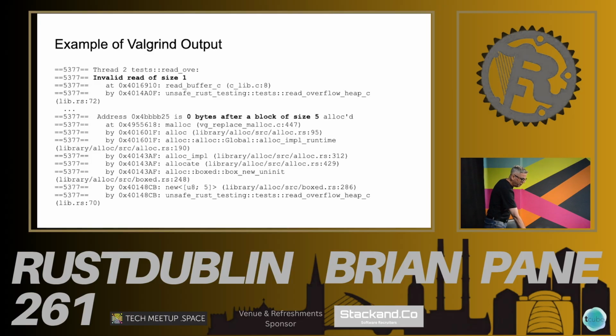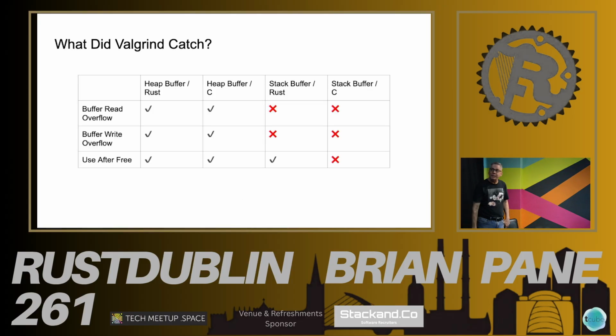Ran Valgrind for the whole test code base, and it essentially found everything, whether it was called from Rust code or from C called from Rust, everything involving the heap. Not so good with finding things on the stack.